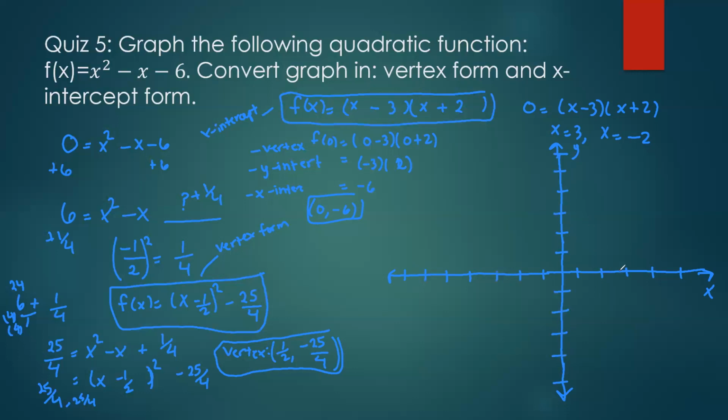Okay, so x is 3, 1, 2, 3, and -2, and then 1/2 comma negative 25/4.